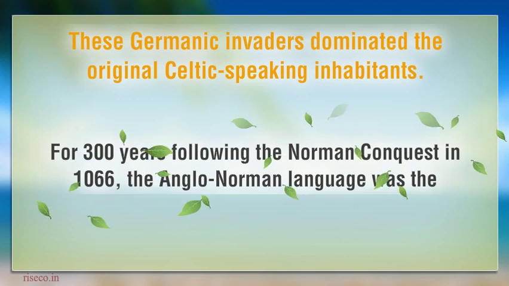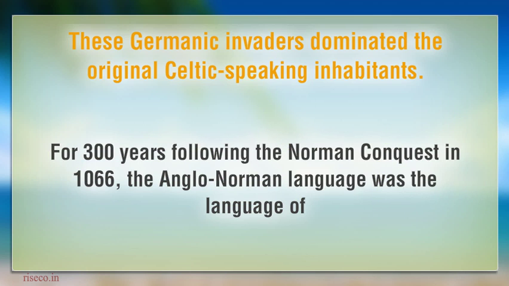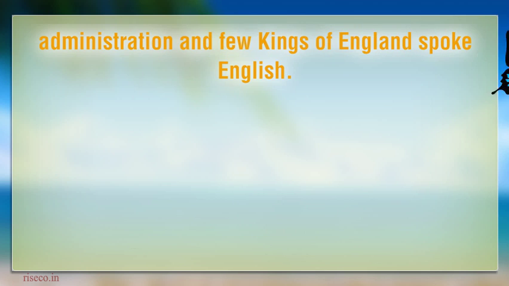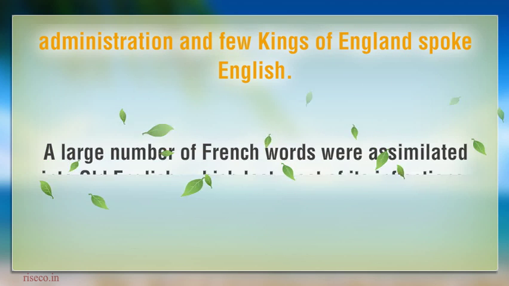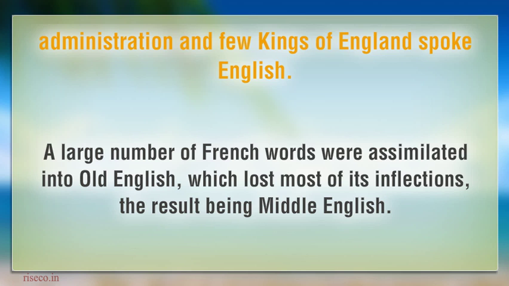For 300 years following the Norman conquest in 1066, the Anglo-Norman language was the language of administration, and few kings of England spoke English. A large number of French words were assimilated into Old English, which lost most of its inflections, the result being Middle English.